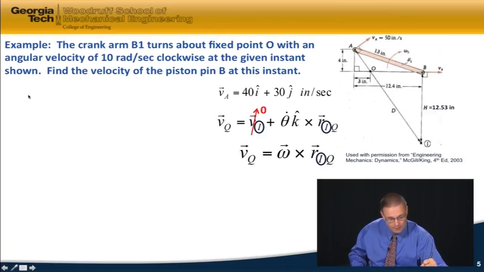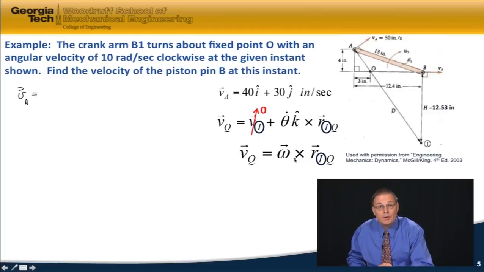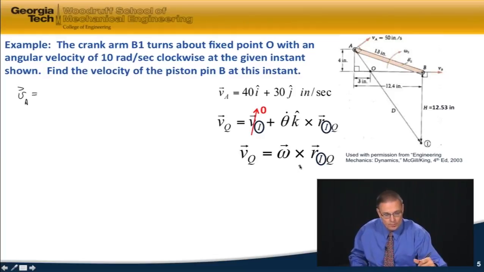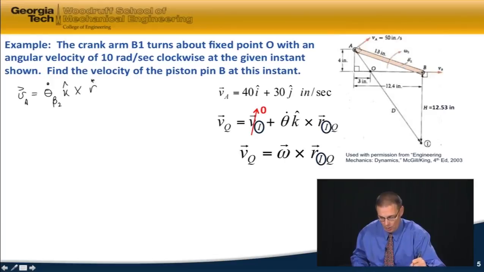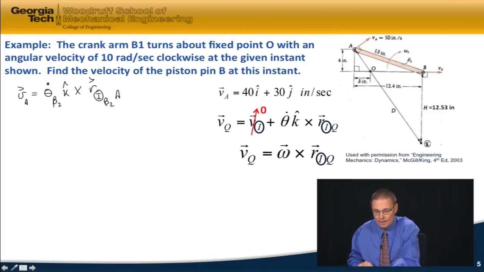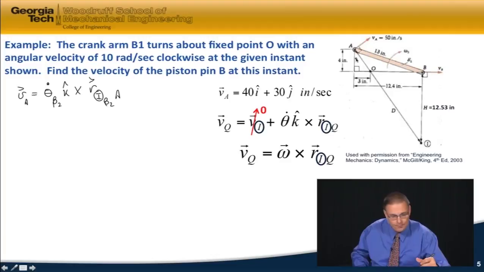So I've got the velocity of A by my instantaneous center equation is equal to theta dot B2 in the K direction, that's omega, crossed with r from the IC for body B2 to point A. And the velocity of A was found to be 40I plus 30J.